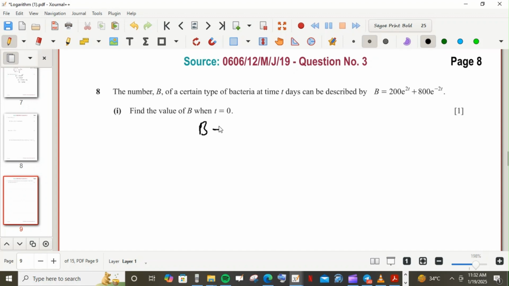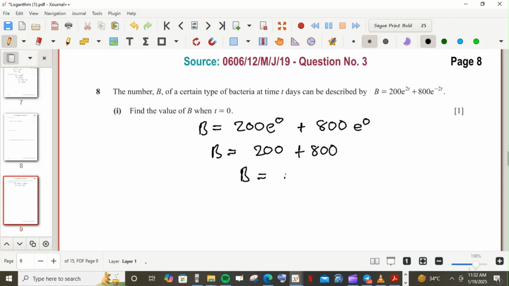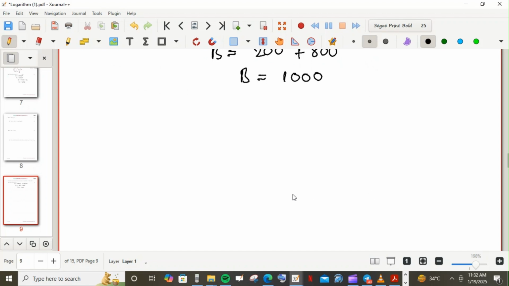Oh, this one is very simple. 2 times 0 is 0. Still, negative 2 times 0 is still 0. So this is the same as 200 plus 800, and you should get 1,000.